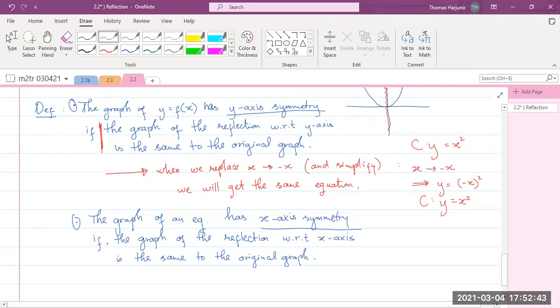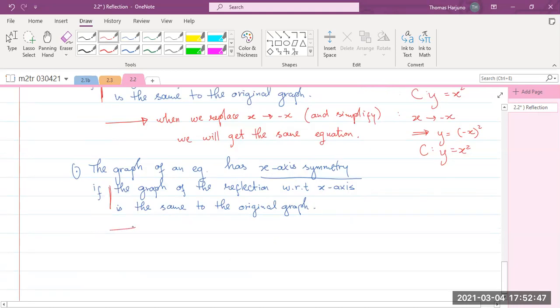Now, algebraically speaking, it means in the equation, when we replace y by negative y and simplify, we will get the same equation.